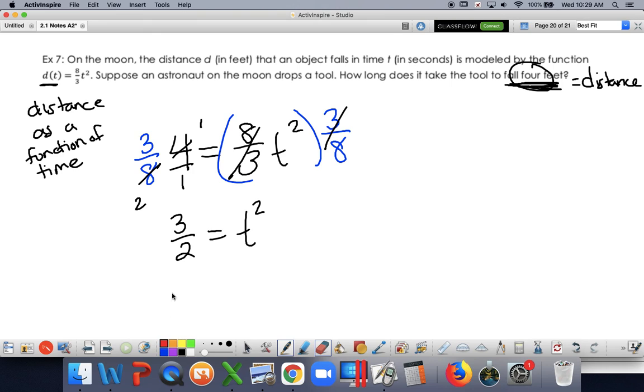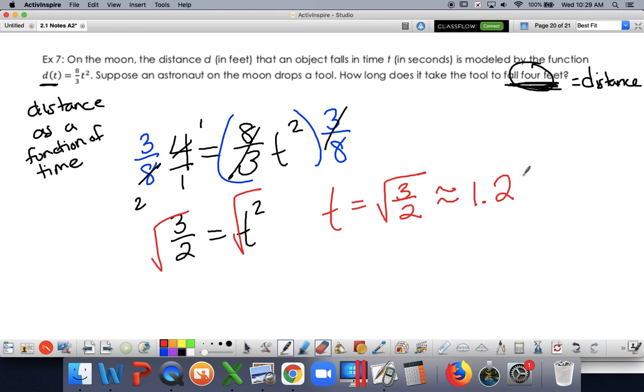I then take the square root, and because time needs to be a positive number, I don't put in my positive negative. I go ahead and pick up my calculator and get a decimal approximation for the square root of 3/2, and that would be about 1.22. I'll just round to 2 decimal places.